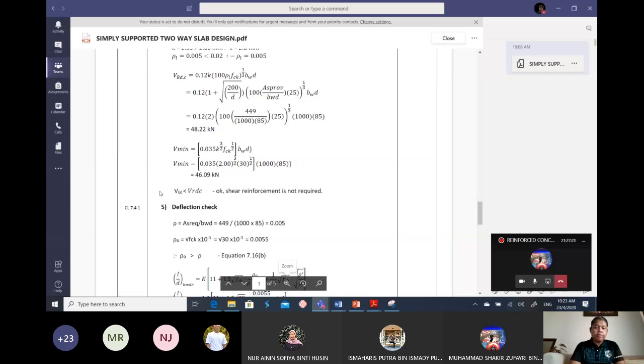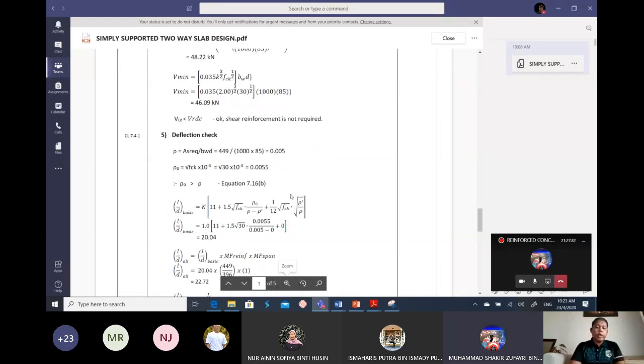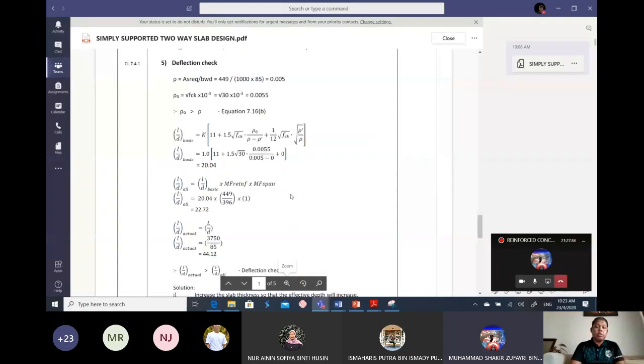Okay, correct, the condition VED is less than VRDC, the shear reinforcement is not required. Okay, I'll continue on the deflection. As usual, for the deflection, we will use AS required.